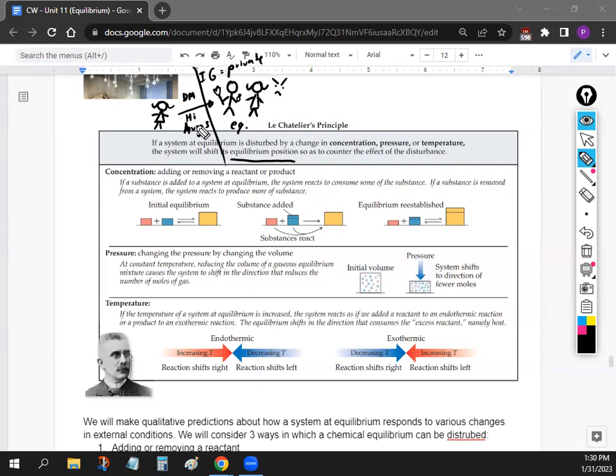So now that he's made those changes, the equilibrium position has shifted. Before, his IG was public, now it's private. Before, he had some more money in his bank account, but he had to buy those flowers.